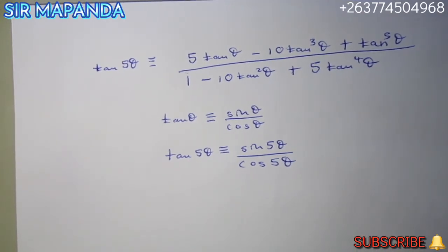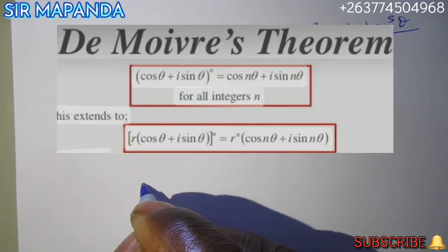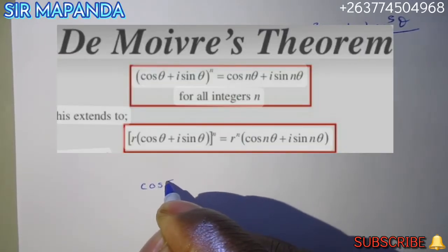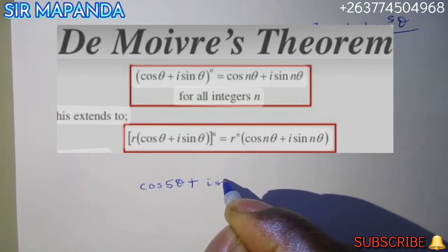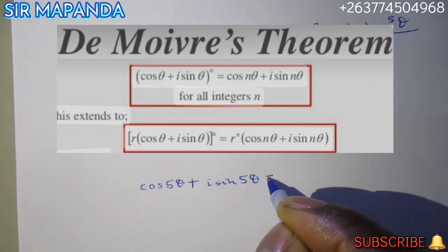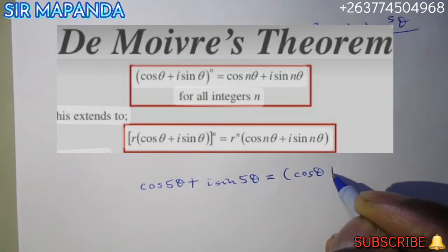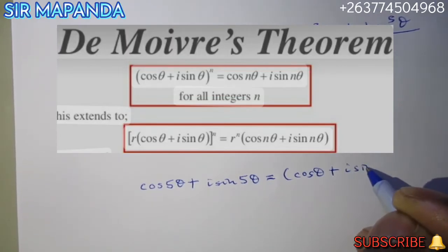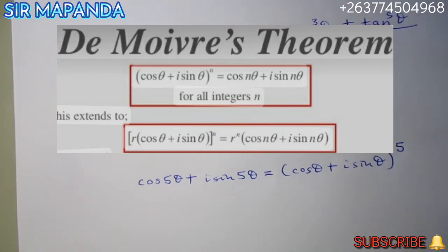Then you apply de Moivre's theorem. Right, so cos 5 theta plus i sine 5 theta is identical to cos theta plus i sine theta, all raised to the power of 5.